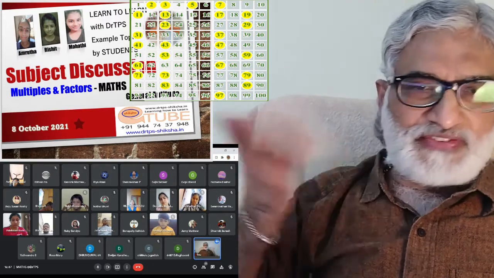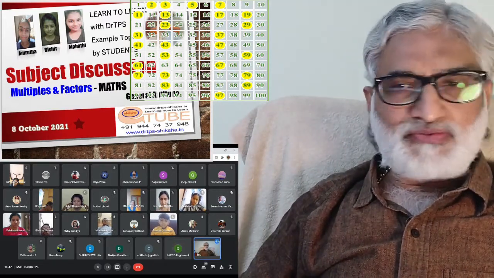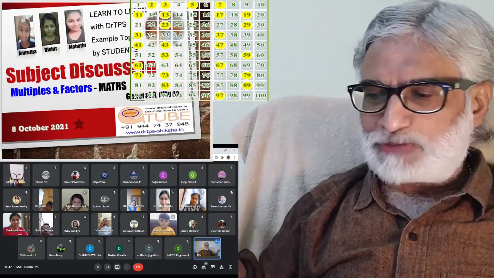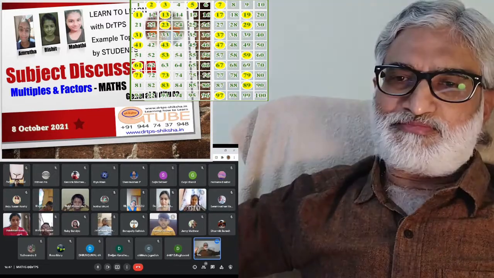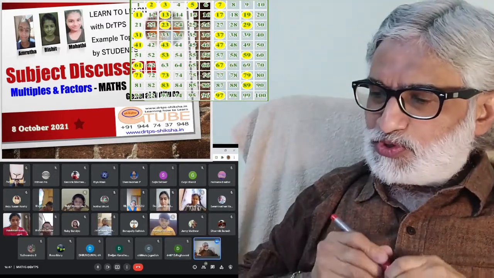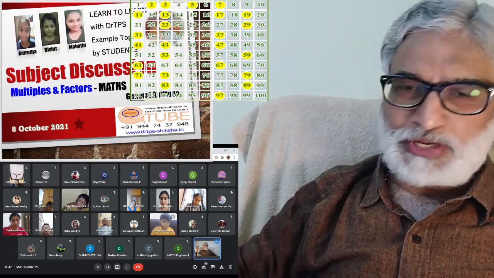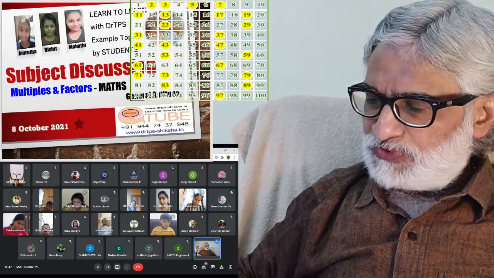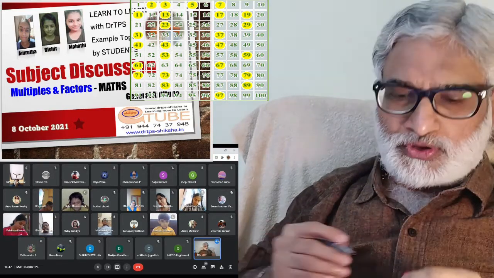Now 5. 5 is simple, everybody knows. With 0 and 5, wherever 0 and 5 come, you can also mark it, but you don't require it. That will come in a single line. So for 5 you can put an arrow mark beside the column and write 5, and say 5, 10, or 0.